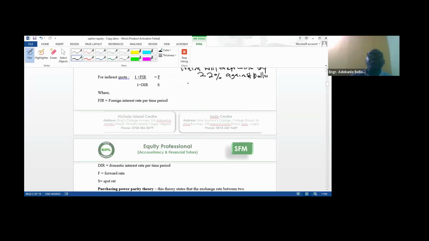For direct quotes, the formula is 1 plus FIR over 1 plus DIR is equal to X over F. This is the formula if you are given direct quotation.